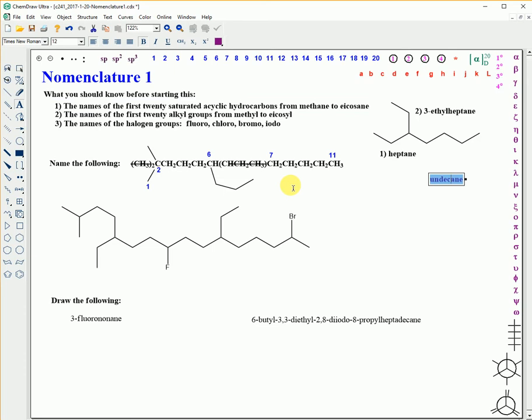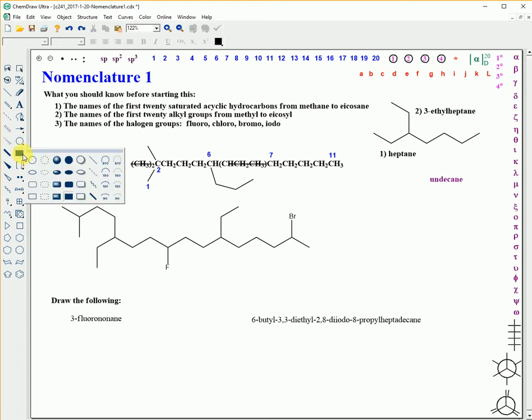Now, we have to put the group names in front of that. So, what are our groups? Up here we have a group. I'll put a circle around it. Ask yourself how many carbons are in that group.